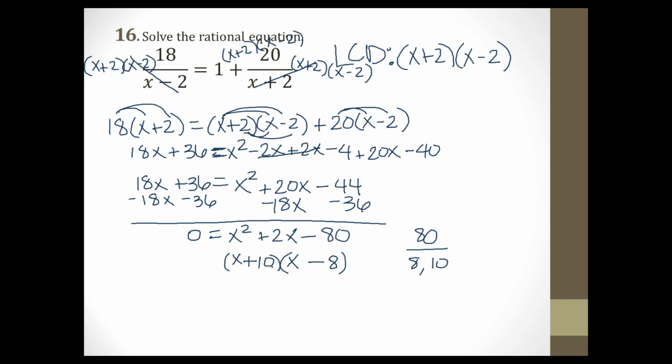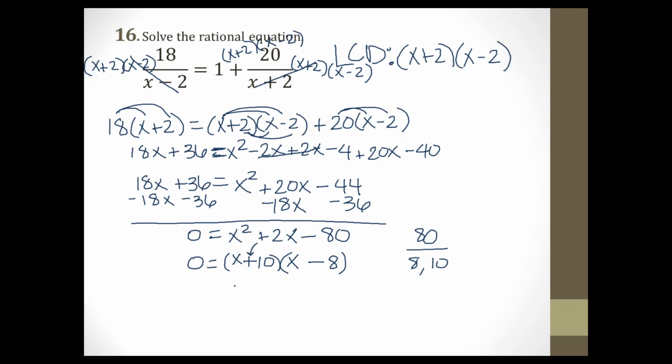Let's think about it. 10 times negative 8 is negative 80. 10 plus negative 8 is 2. Or you could think of it as I need different signs, and the first factor needs to take this same sign here. You always put the larger factor first, and so 10 times 8 is 80, and then the difference between 10 and 8 is 2. So those are my factors.